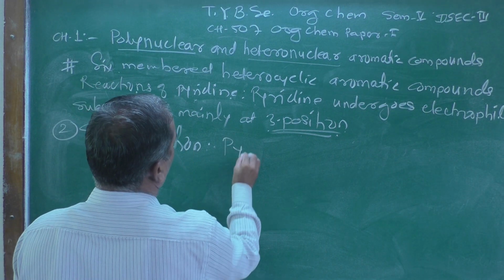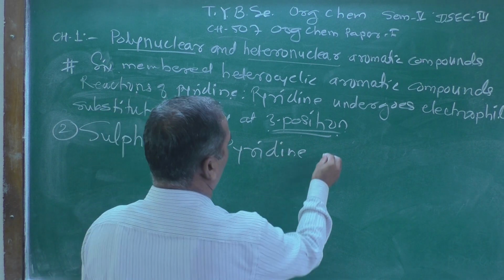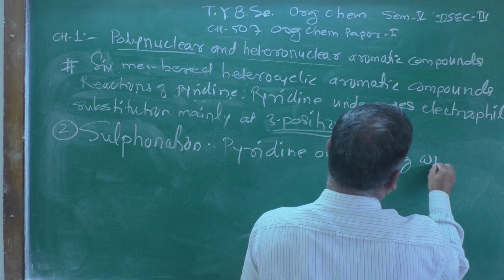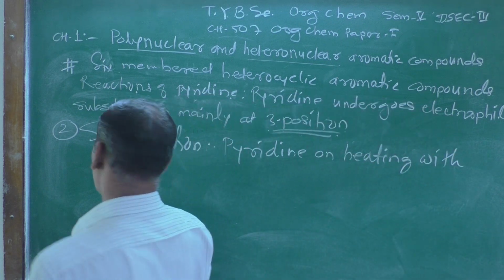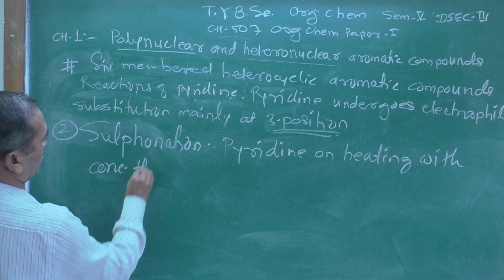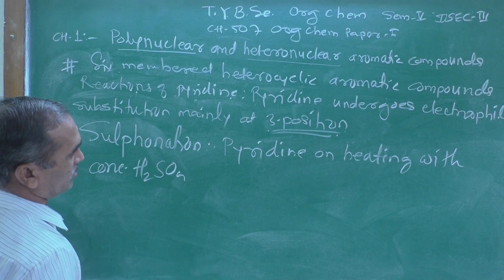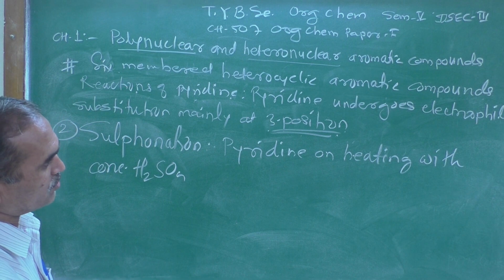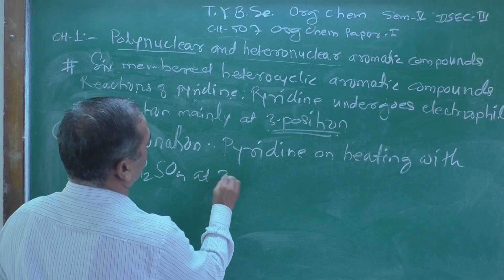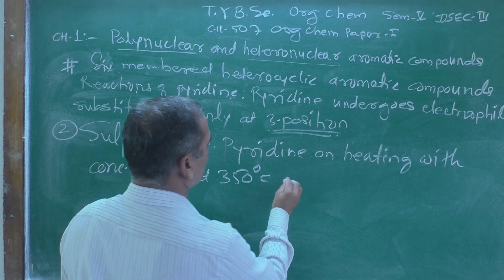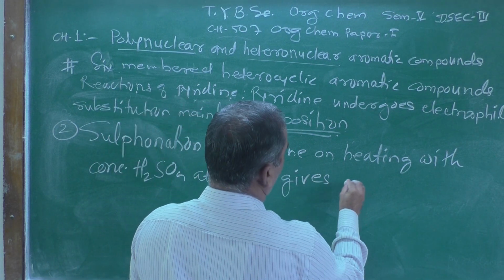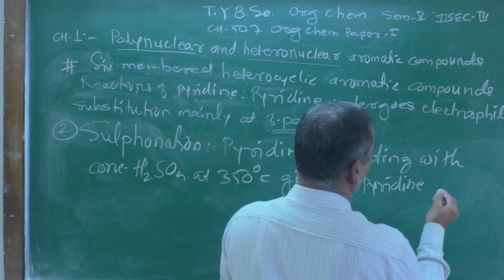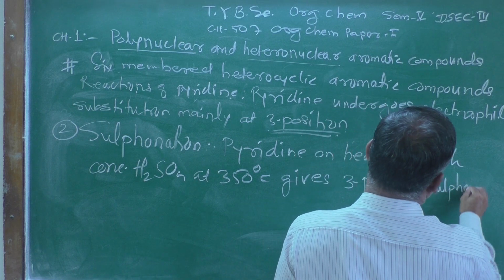Pyridine on heating with concentrated H2SO4 at 350 degrees centigrade gives 3-pyridine sulfonic acid.